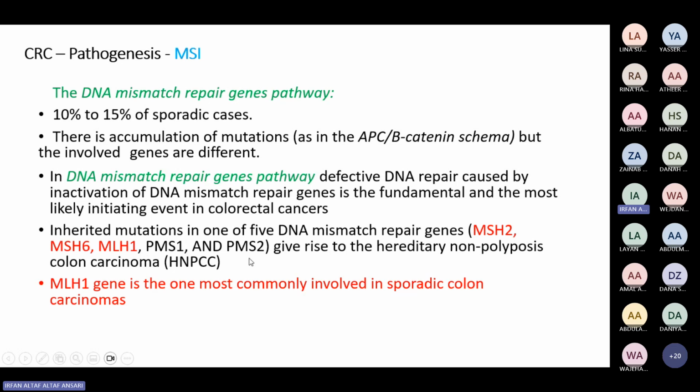While in the sporadic type of colon carcinoma due to microsatellite instability, the gene is MLH1. This is something difficult but very, very important to remember. Inherited mutation of HNPCC, MSH2 and MSH6. Sporadic mutation of microsatellite instability, MLH1. Okay.